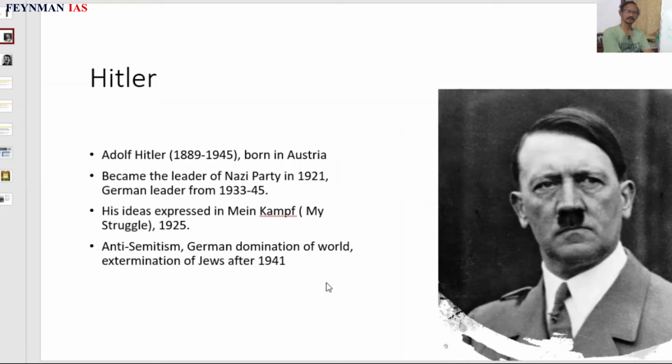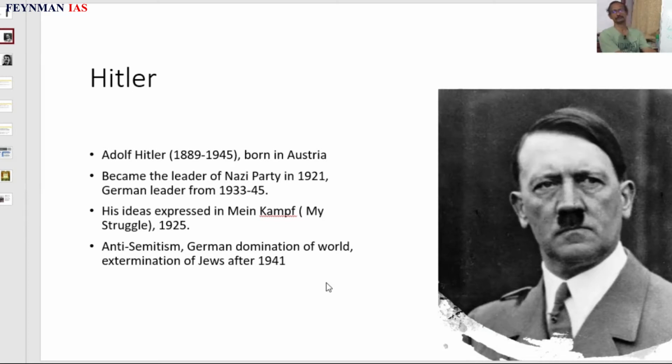His ideas are essentially anti-Semitism, and that Germans should dominate the world, and as a part of that, an inferior race of Jews should be exterminated.